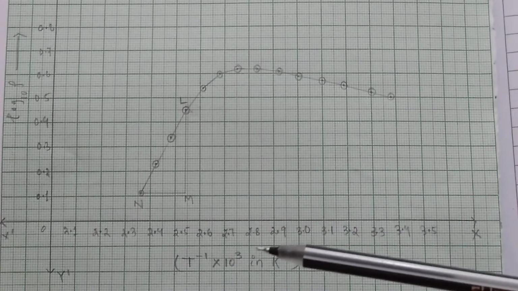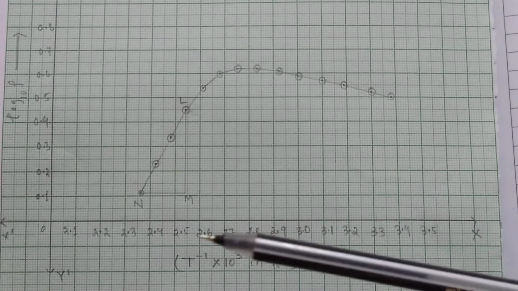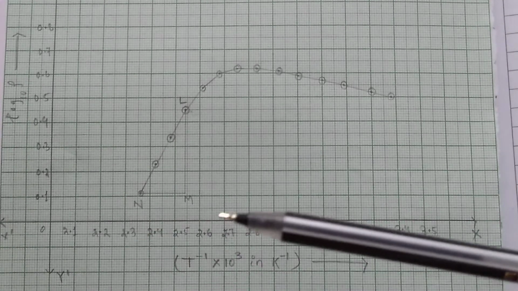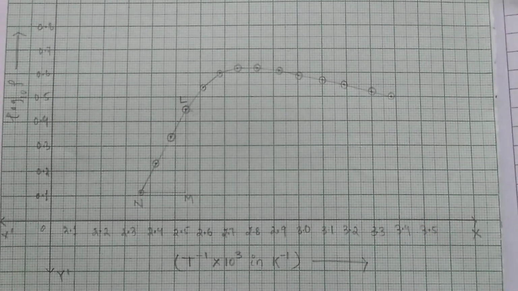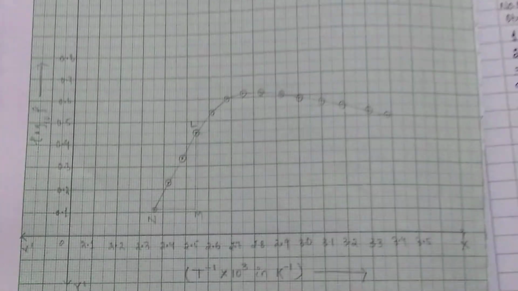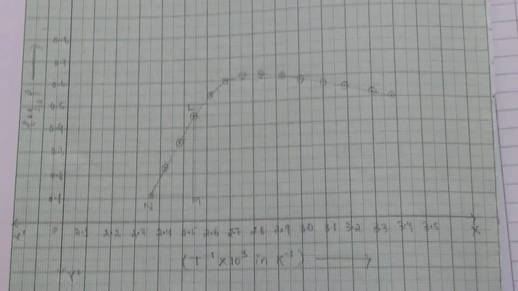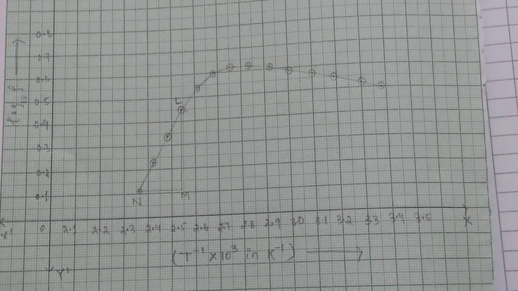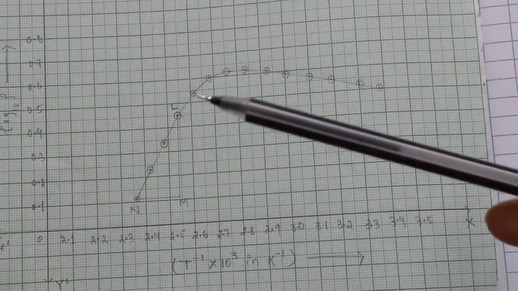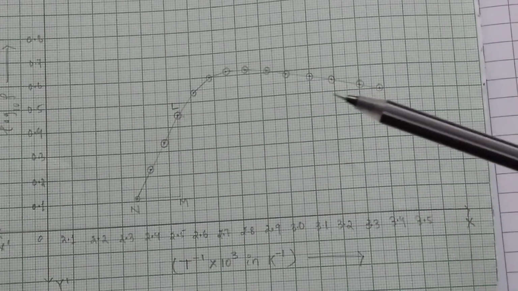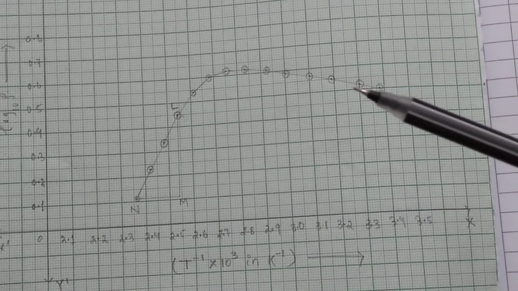So we have taken T inverse on the x-axis. This is the magnitude of T inverse, and log rho we have taken along the y-axis. If you plot the graph, the nature of the graph will be like this: first it will increase, then it becomes steady, then it will slightly decrease.